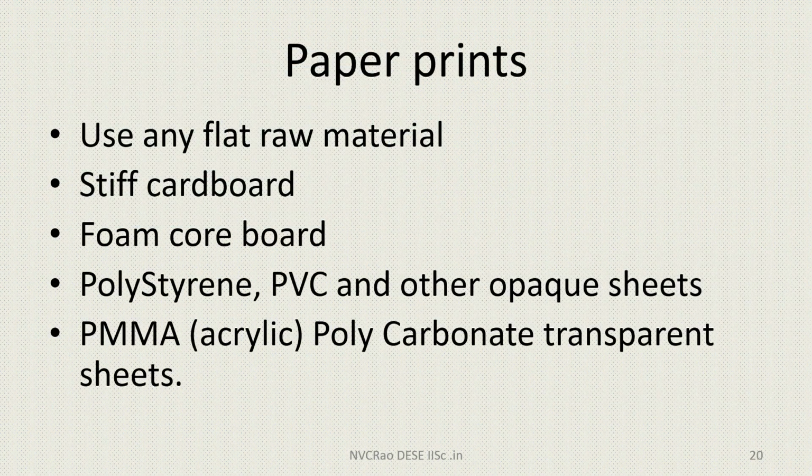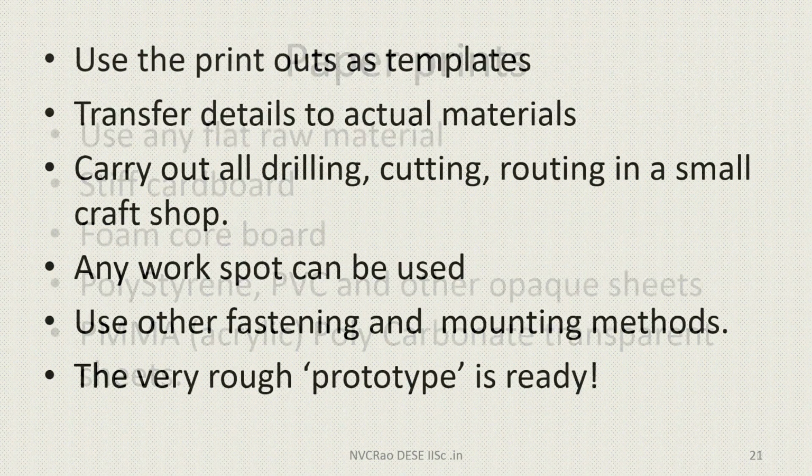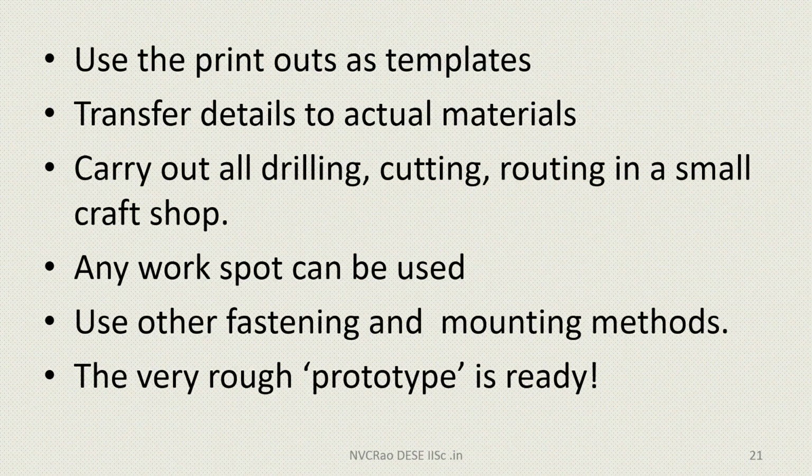So, you need to build something using any flat raw material: cardboard, foam, polystyrene, then you can have PVC and opaque sheets. The important thing here is that templates can be made. Templates are the issue.